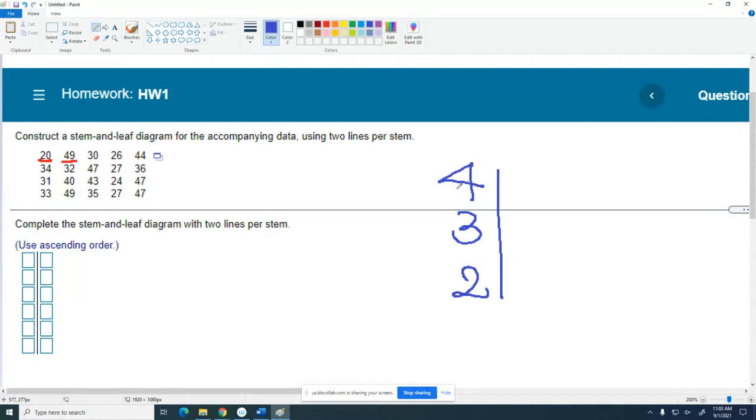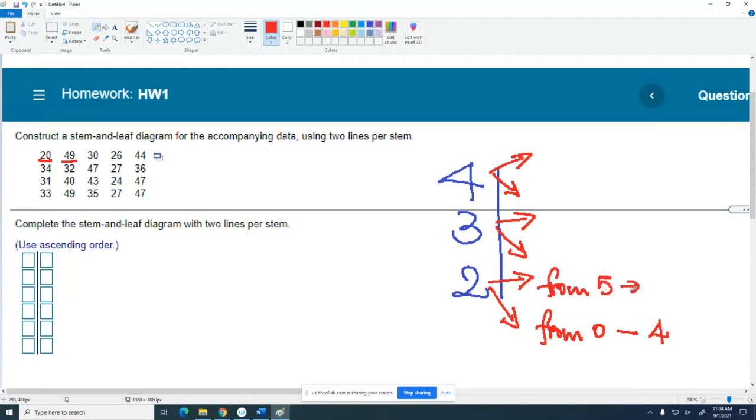So number 8 suggests to us another way. We can split it into 2 parts, 2 lines for each value. The first one is from 0 to 4, and the second one is from 5 to 9.